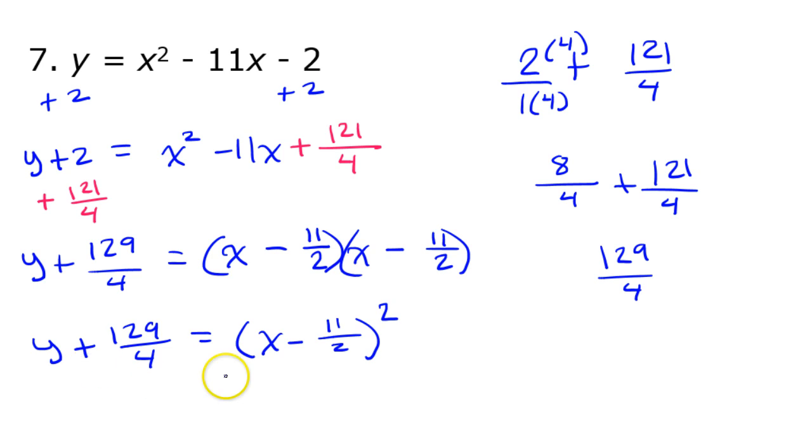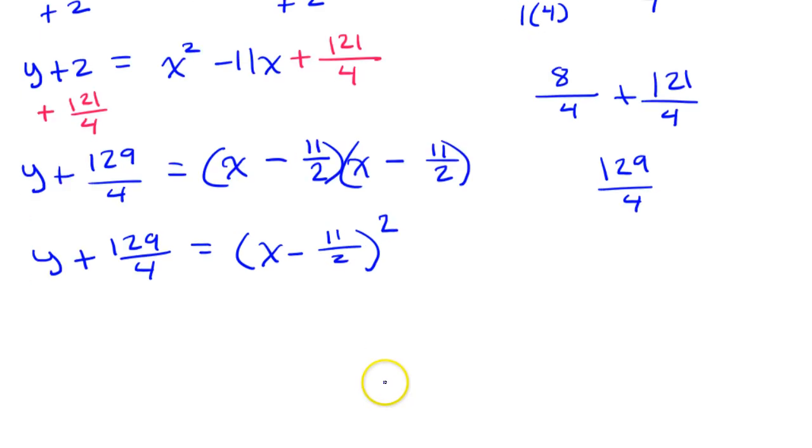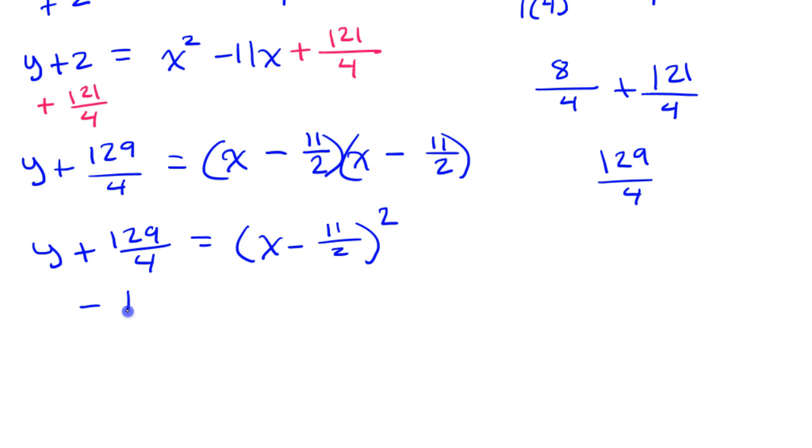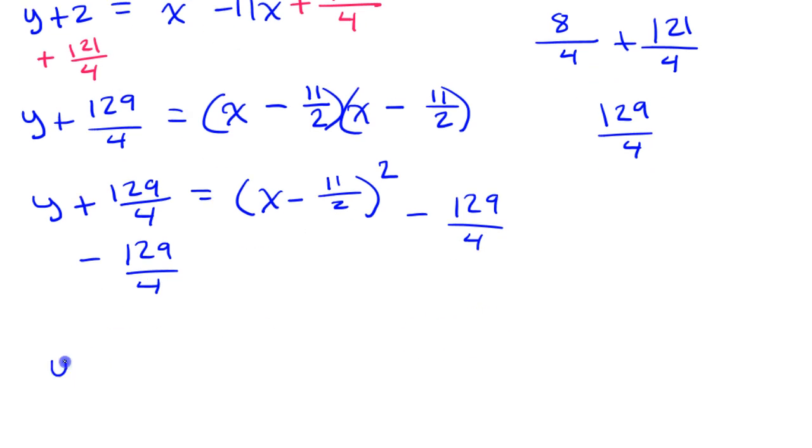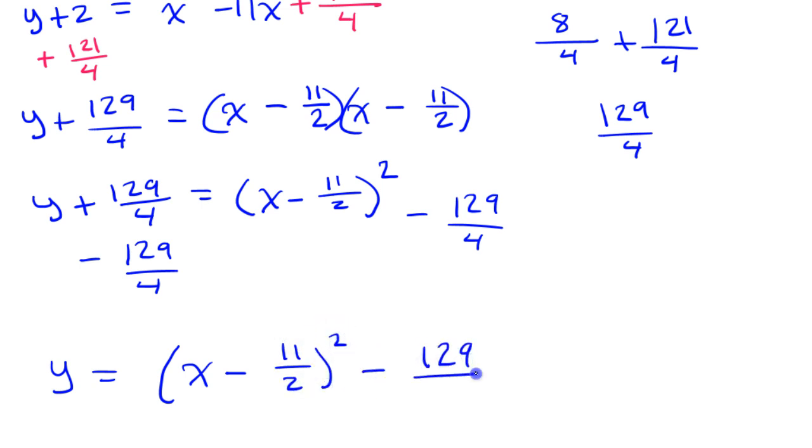So the last step is just to subtract the 129 over 4 from both sides. So the final answer is y equals x minus 11 over 2 squared minus 129 over 4.